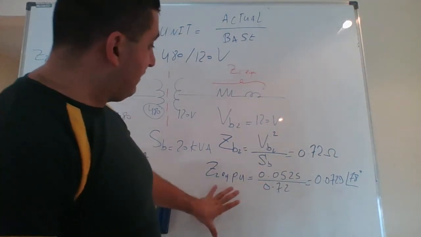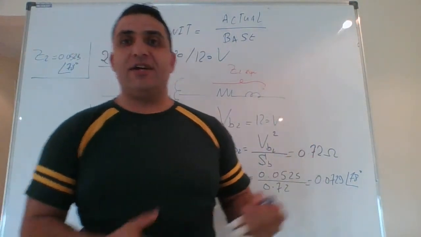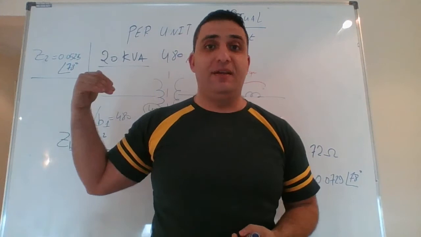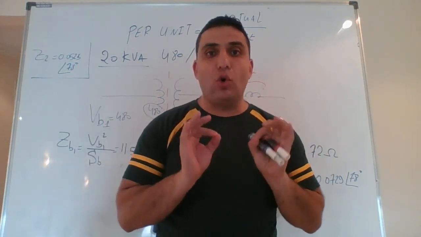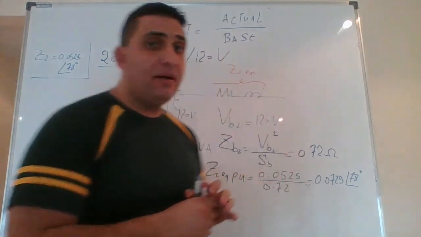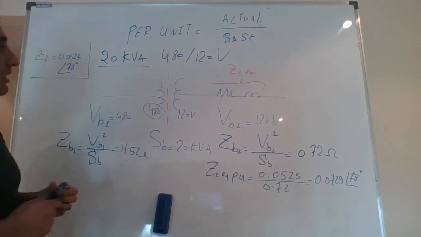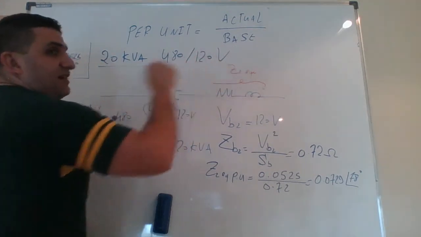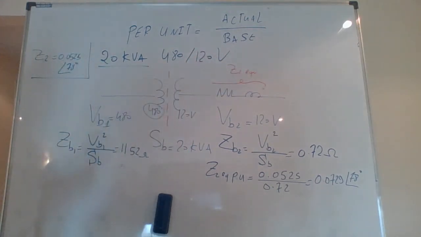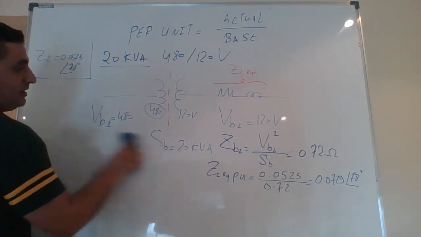This is the Z equivalent per unit as seen on the secondary side. The question is, I need to find it on the primary side. I will recall the equation from the transformers, which tells me Z on this side is equal to A squared times this Z. Let me delete this side. I have all my answers here.